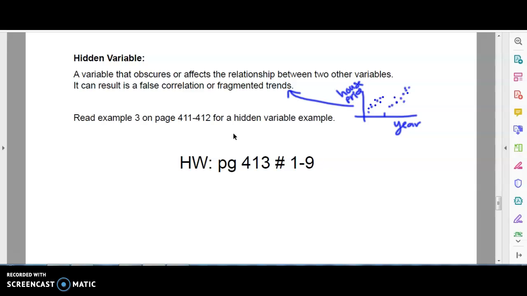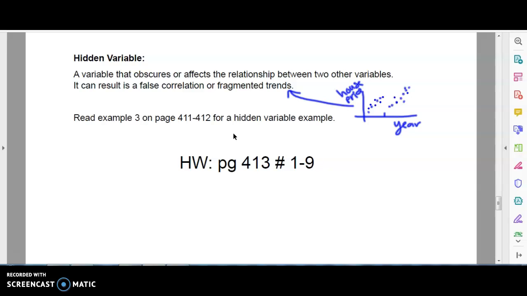When all of a sudden it wasn't included after 1996, we saw a drop-off in the data. So if we didn't know about that hidden variable, we would just see what would look like two different sets of data. You'd see higher absenteeism rates for females up until 1996, and then all of a sudden from 97 onwards, you see a big drop-off in the absenteeism rate.